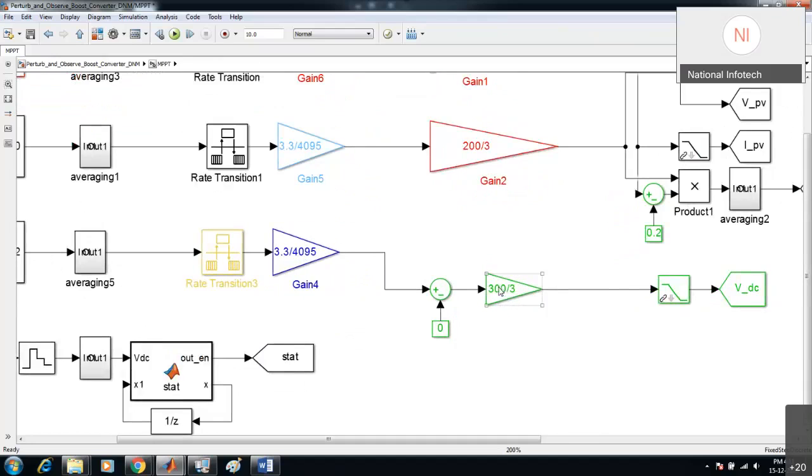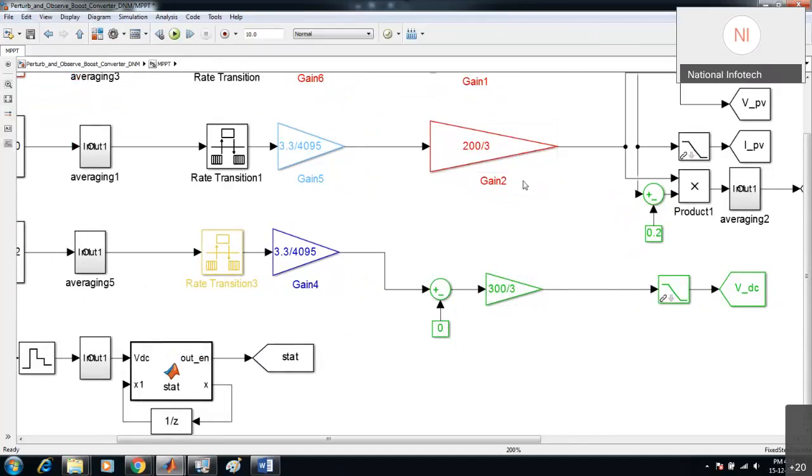But here it will be changed, because this was our input voltage of the boost converter, and this will be our output voltage of the boost converter. It will be calibrated at a different rating than the input was calibrated.